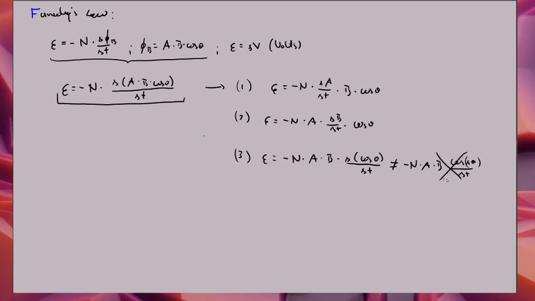Instead, what it is, is minus N times A times B. You will actually have to write a whole cosine function, cosine of theta F minus cosine of theta I, divided by the time.